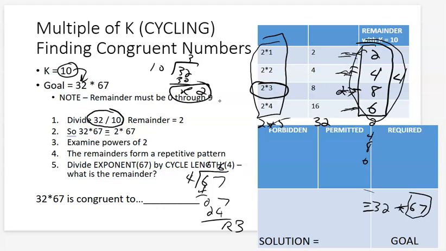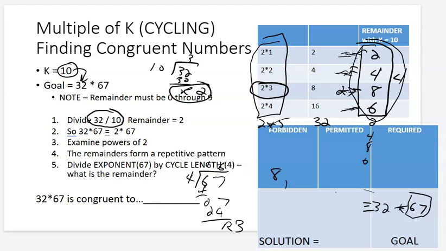Therefore, 32 raised to the 67th is congruent to 2 to the third, or 8, which now means that, let's erase that. So 32 to the 67th is congruent with 8.